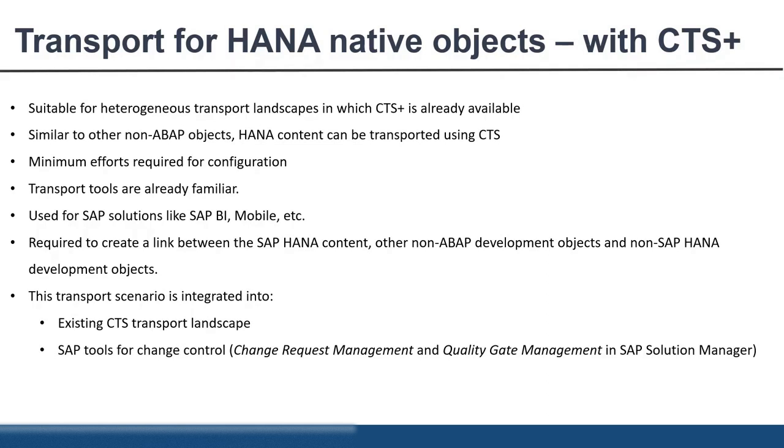So this transport scenario is integrated into the existing CTS landscape, and it is also integrated into SAP tools for change control like change request management and quality gate management from SAP Solution Manager. It is also possible to configure the transport routes for the system.